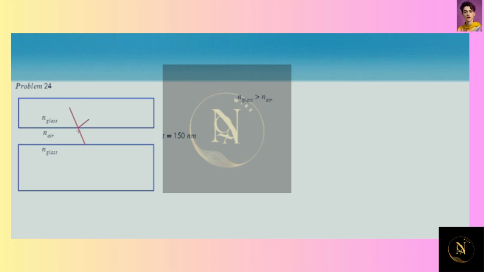However, for the transmitted portion of the light, now it's in air, it's going through air, it strikes the glass. Since it's going from lower to higher, this reflected portion does experience a phase shift of 180 degrees. So a phase shift of 180 degrees, we can write that as a path length difference of delta reflection, which is equal to lambda over 2.